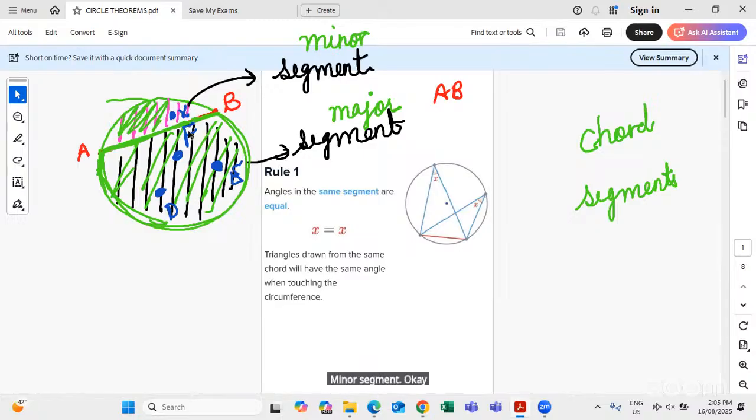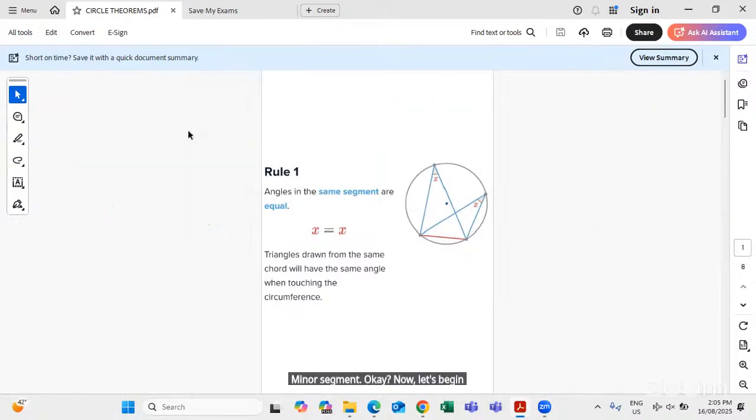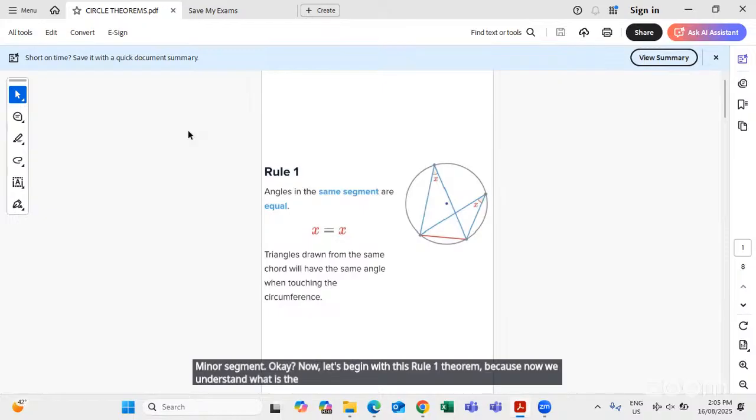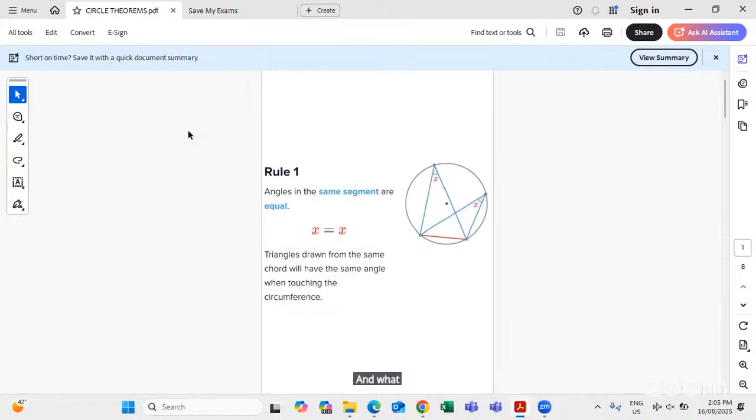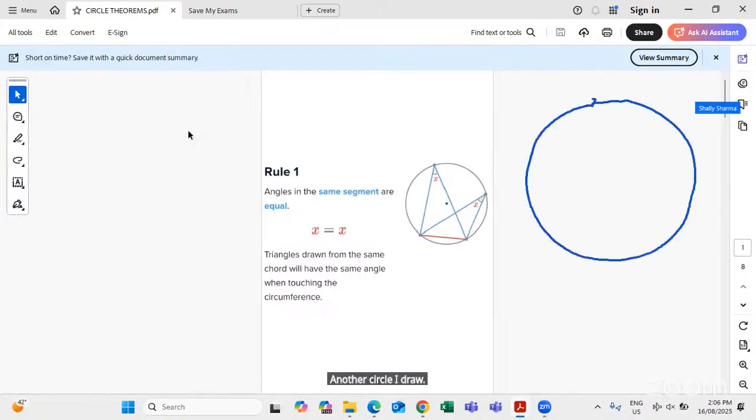Okay. Now let's begin with the first theorem, because now we understand the meaning of a chord and the meaning of a segment. There is one third point, that a chord can make angles. So for example, I draw another circle, then I draw one chord.